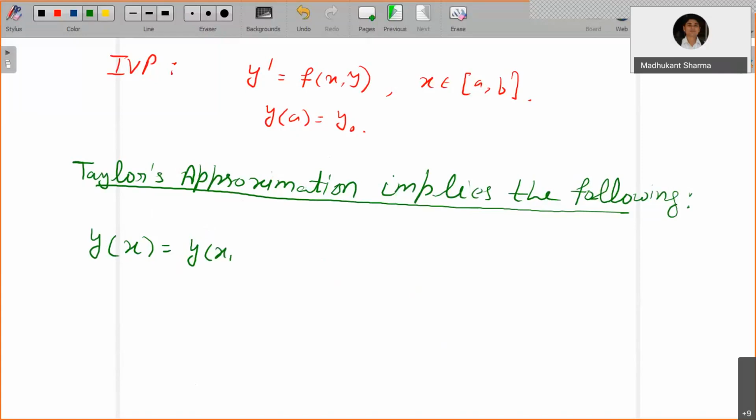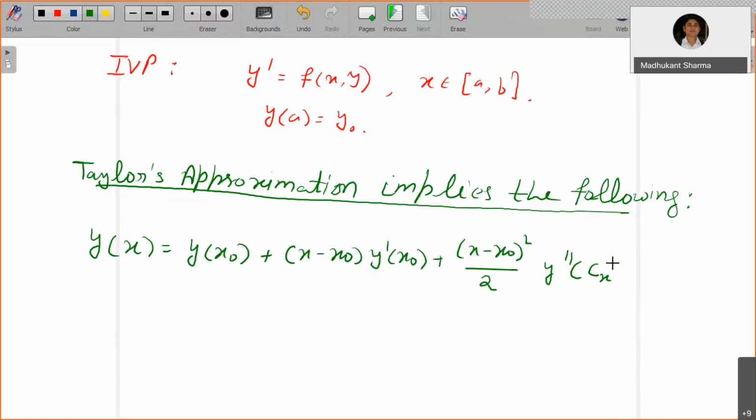Then it can be written as y at x naught, plus x minus x naught times y dash at x naught, plus x minus x naught whole square by 2 factorial times the second derivative of y at some point c, which lies between x and x naught.